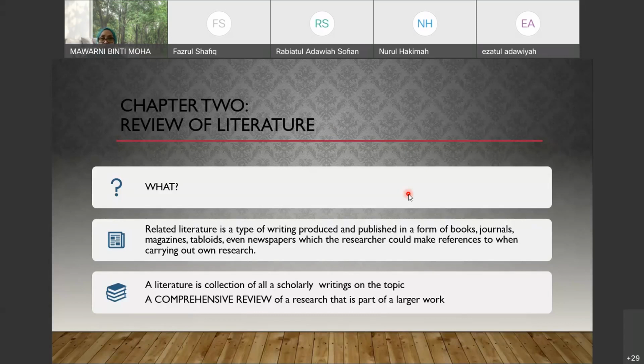That goes with the theories, the models. You talk about a lot of theories, philosophers in your area, in education, you know those people, the names. And this is where literature review comes in. So it's a collection of all scholarly writings on the topic and a comprehensive review of the research that is part of a larger work.